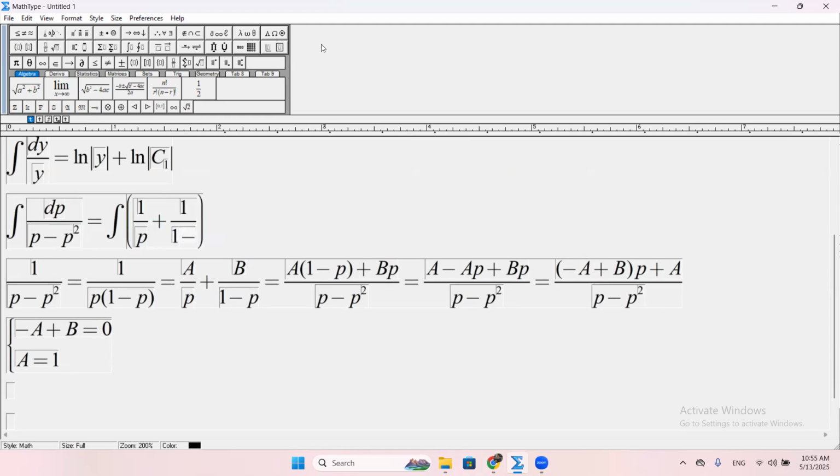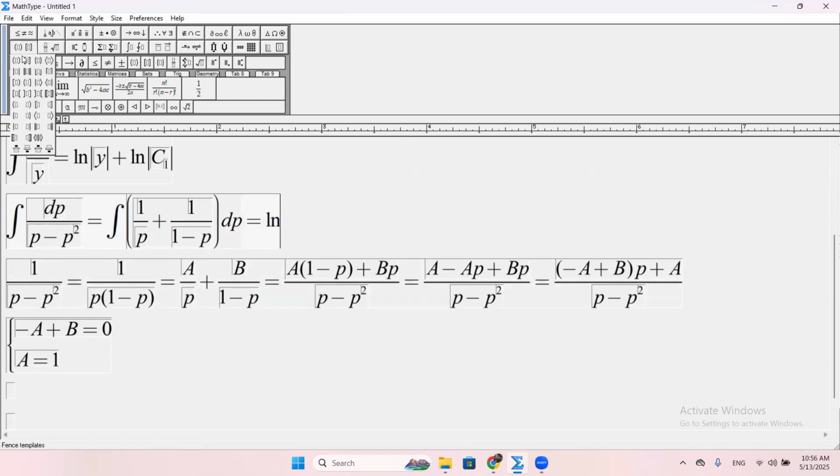Oh, yeah, by the way, b equals 1 as well. So again, dp. Now calculating this integral, I will receive logarithm of modulus p plus logarithm of modulus 1 minus p.